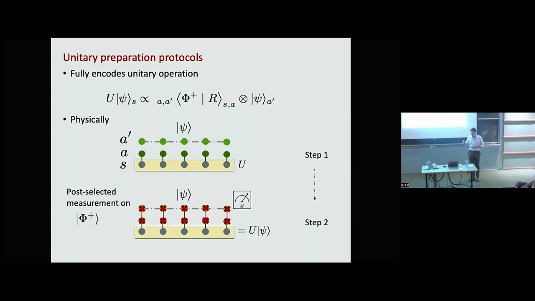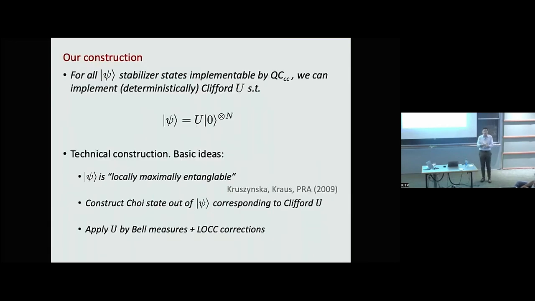Of course, you can already expect that the U's that you can prepare in this way are special, but already a non-trivial question for us is just how special they should be. What we can do is to find at least one class of unitaries which we can prepare, and the class is the following. Imagine that you start with some stabilizer state which you can prepare now using this LOCC operation.